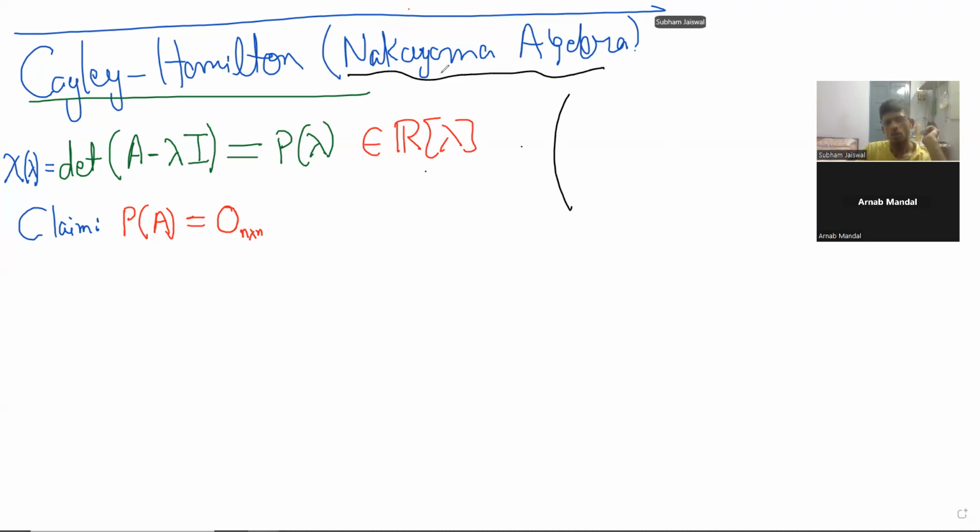Not Nakayama algebra, it's called Nakayama lemma, I'm sorry. Today I was reading about Nakayama algebra. That's a different thing. Some example of a self-injective algebra is the Nakayama algebra. This is Nakayama lemma. It's easy. That is one way, but we avoid that.